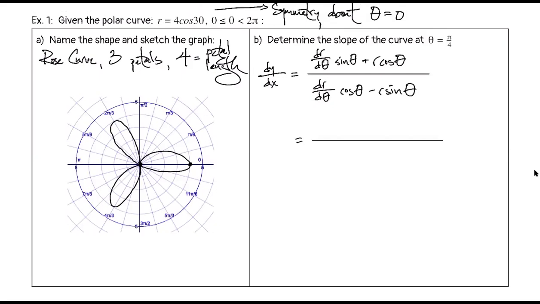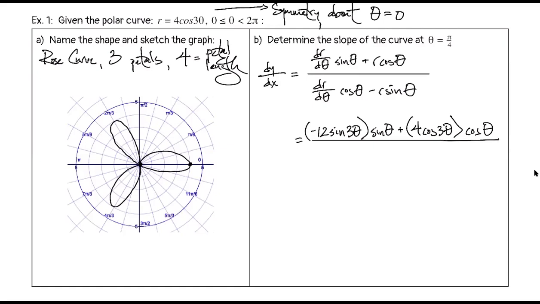Sine. Negative 12 sine 3 theta. Yep, negative 12 sine 3 theta, right? Because we have to use the chain rule. And then I need a sine theta, because that's the formula, plus r cosine theta. Okay.